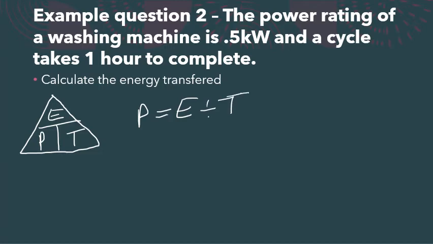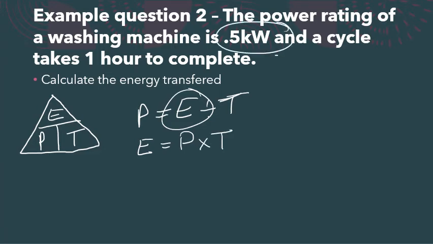But in this question, we are being asked to calculate the energy. So this equation has energy as the subject, so it's going to be power times time. The power is 0.5 kilowatts, so we need to convert that into watts by timesing it by 1,000. So 0.5 times 1,000 gives us 500.